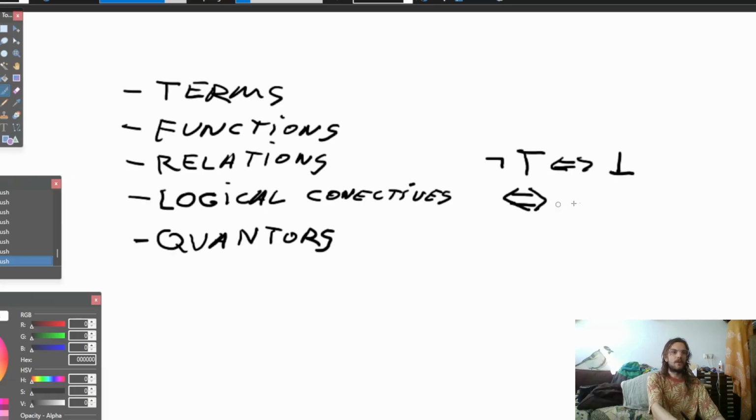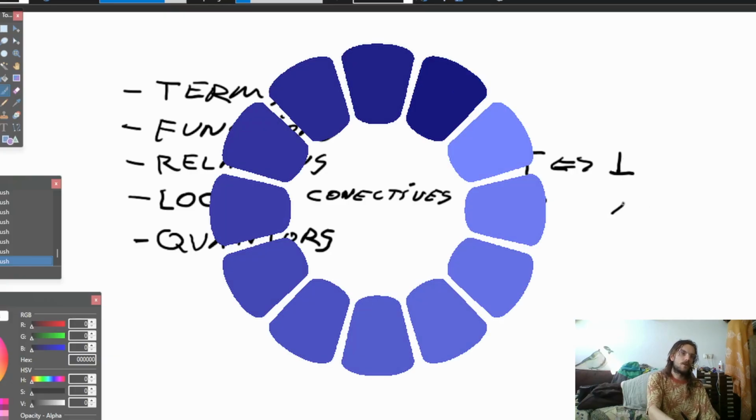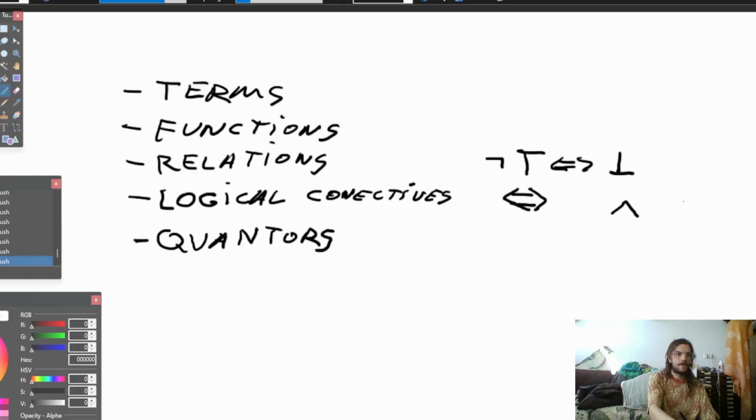But true double arrow false is false, and false double arrow true is false. Then you have and, or, and now you see this part becomes hard to explain because it's become so self-referential with the language that we use, because, well, you get it.